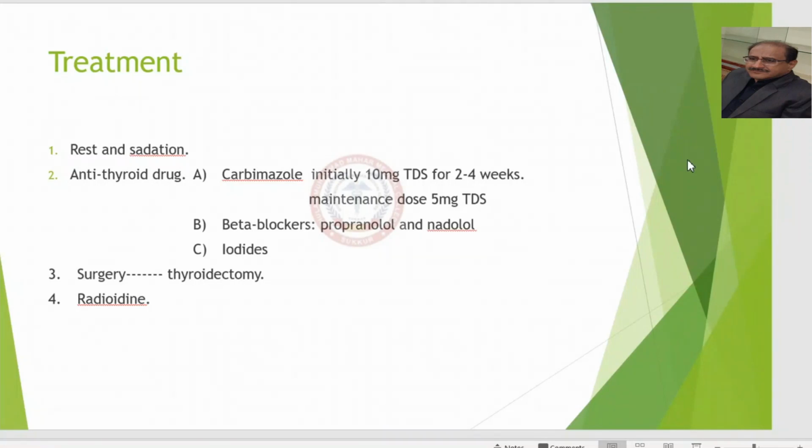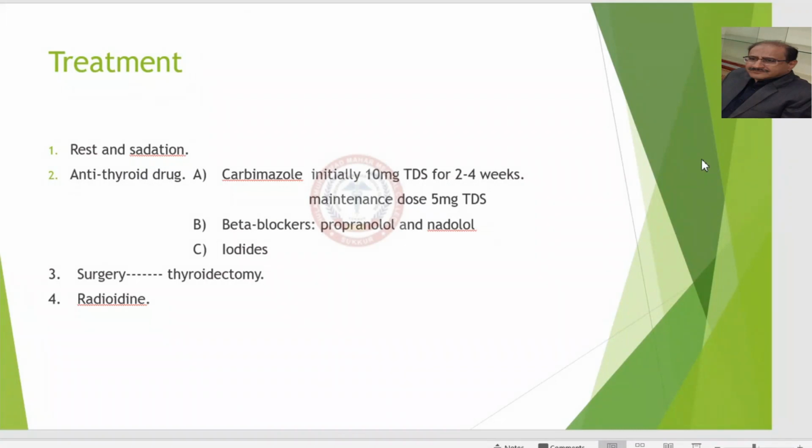Other antithyroid drugs are propylthiouracil, para-aminosalicylic acid, and iodides. Iodides are also used as antithyroid drugs. And as the second option, first of all we have to start with the antithyroid drugs, to control the toxicity of the toxic goiter.